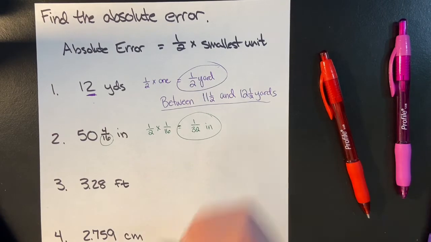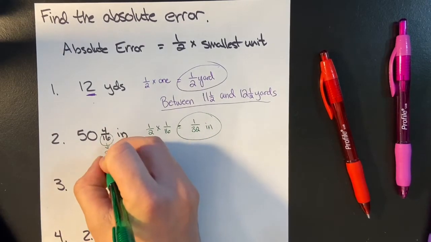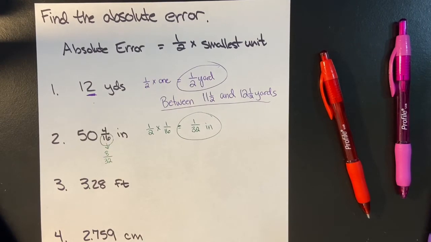So what that means in this case is if I were to add 1/32 to everything, let me convert this into 32nds so that it could be done a little bit easier.